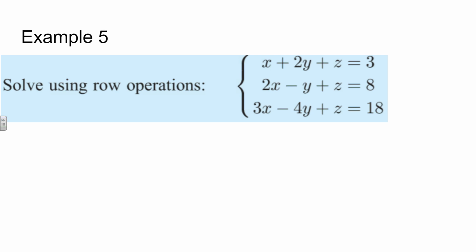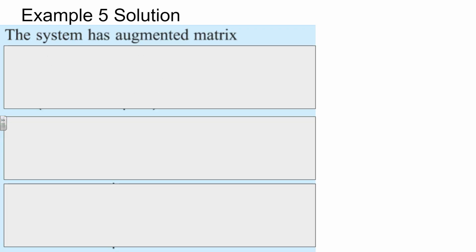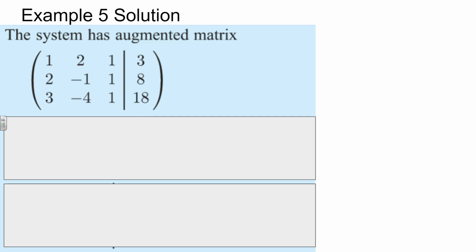Now, we might end up in a situation where I'm not able to get one of those, and this happens to be one of those different scenarios, but we'll talk about that as we go through. So, augmented matrix: 1, 2, 1, 3; 2, -1, 1, 8; 3, -4, 1, 18.